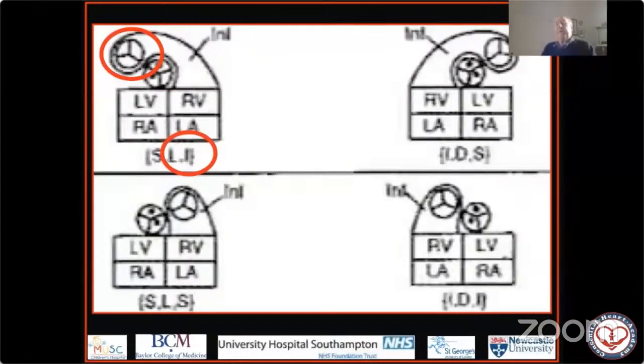It's the mirror image of the normal ventriculo-arterial relationships. And what you can see is that Richard has shown there an infundibulum that is spiraling around the aortic root, such that the pulmonary trunk is, as I say, anteriorly positioned and right-sided.